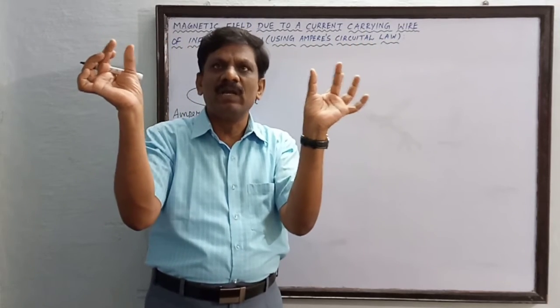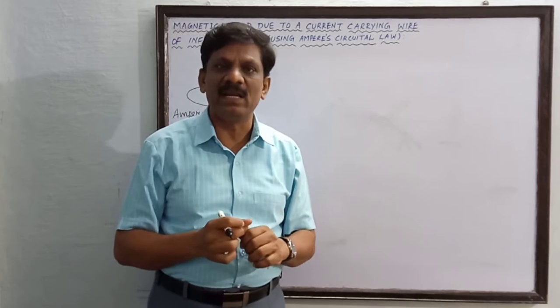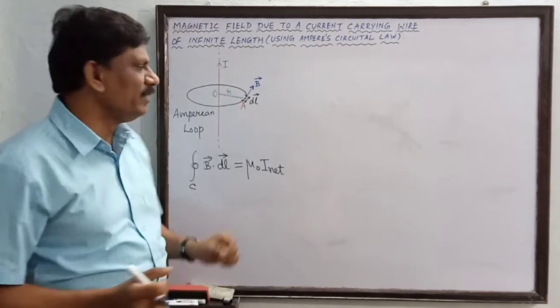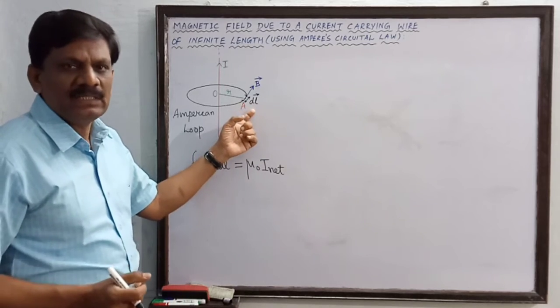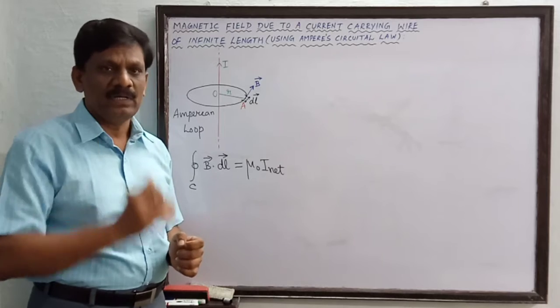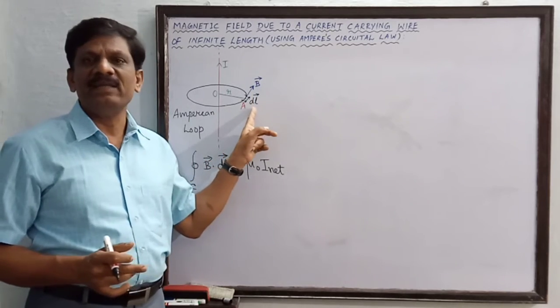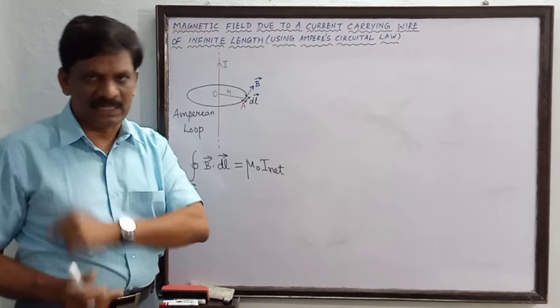Out of the circular loop, you imagine that it is made up of small elements of length dl. One such small line element dl I have shown. This dl is a portion of the circular Amperean loop. Since it is associated with the magnetic field, this line element dl is also a vector.